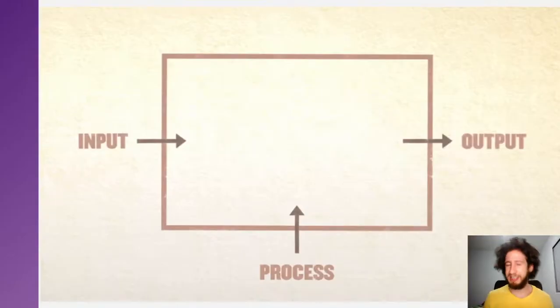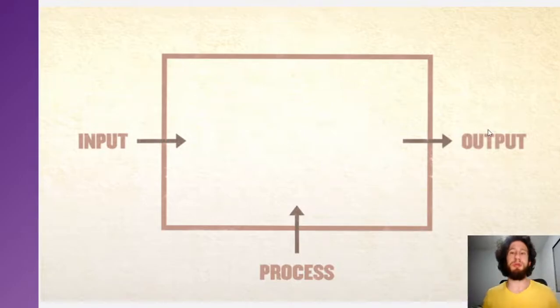And it's fairly simple. Basically, you have the black box representing all the processes that your company or an area or even one person executes. And the goal here is to generate the output, right?